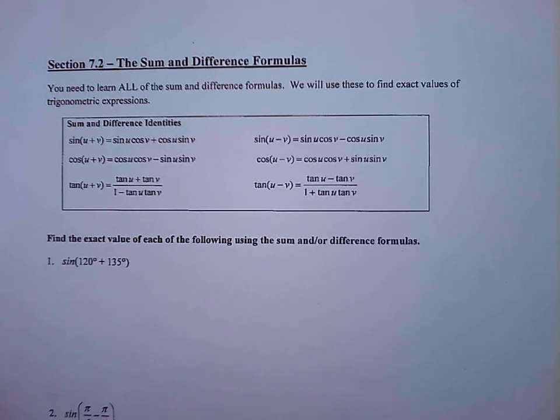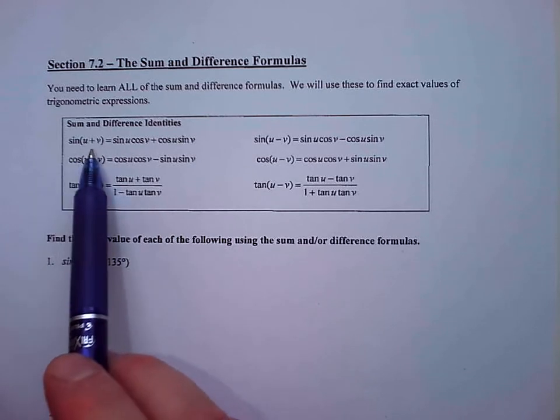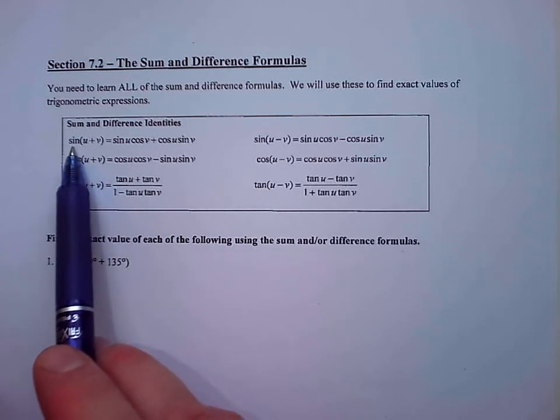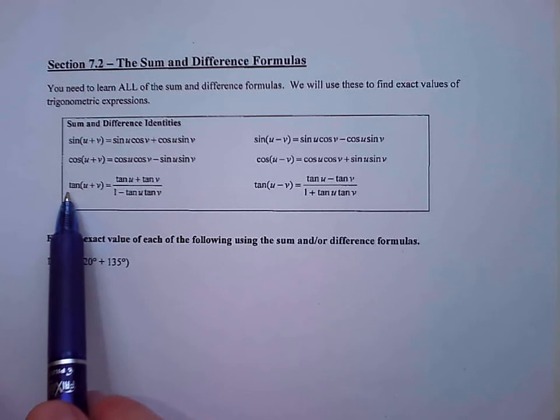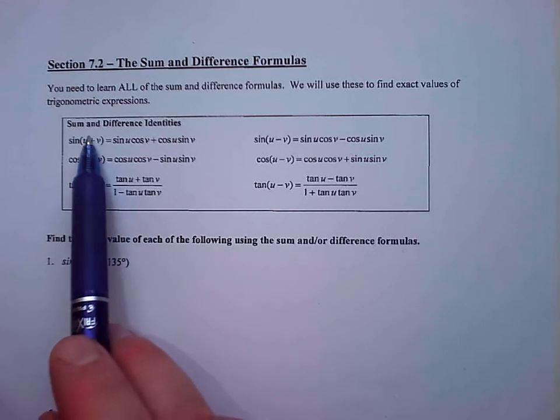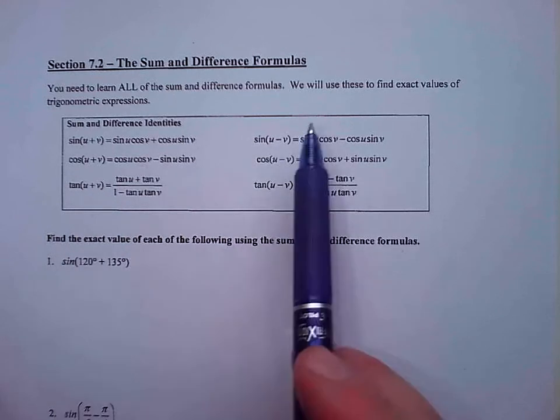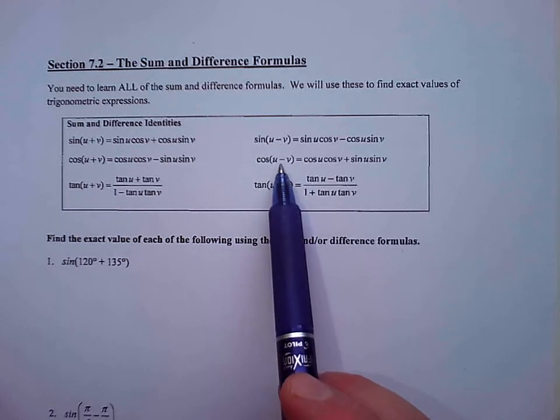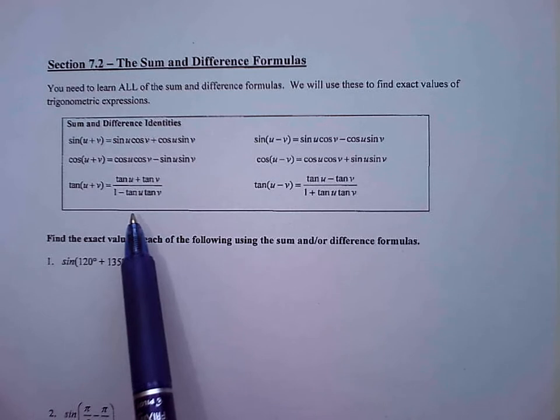So let's go over these. First off, what we're looking at for the sum and difference identities is whenever we take the sine or the cosine or the tangent, but what we're taking the sine, cosine, and tangent of are the sum or the difference of two angles. So here U and V are considered to be angles.